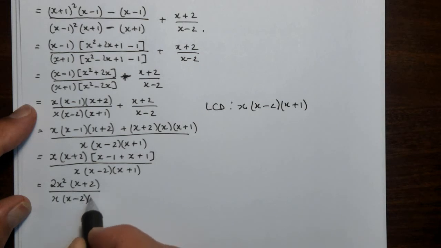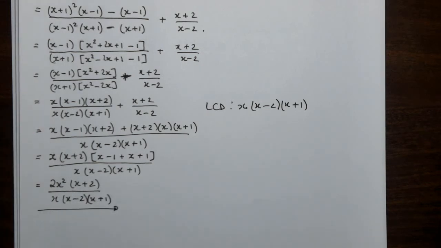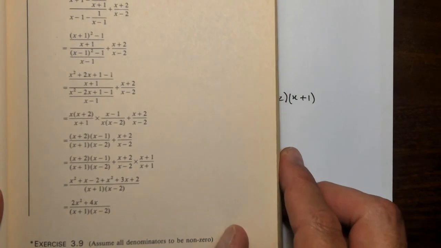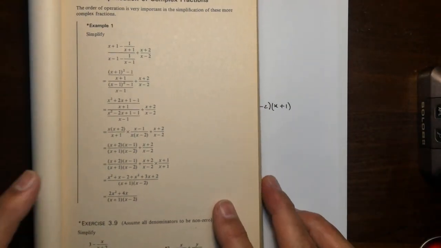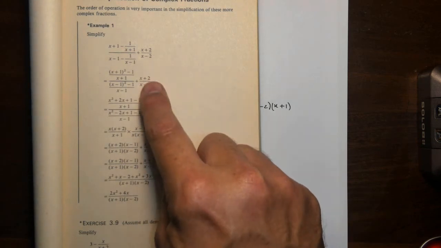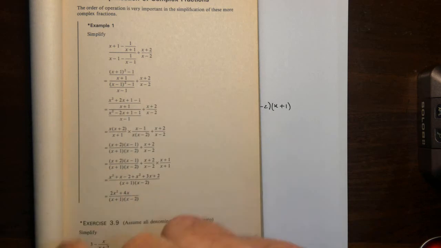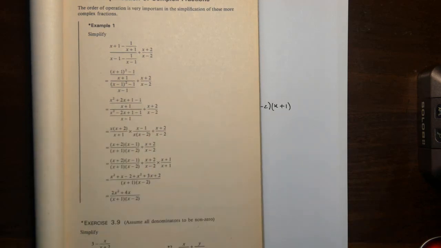Now this was one of the most difficult complex fraction problems I have seen in quite a long time. If you did it the traditional way, which is what the textbook did, let me just zoom out here, you can see the amount of fractions. These things are ugly. You keep your fraction there, and here you multiply by the reciprocal of the denominator.